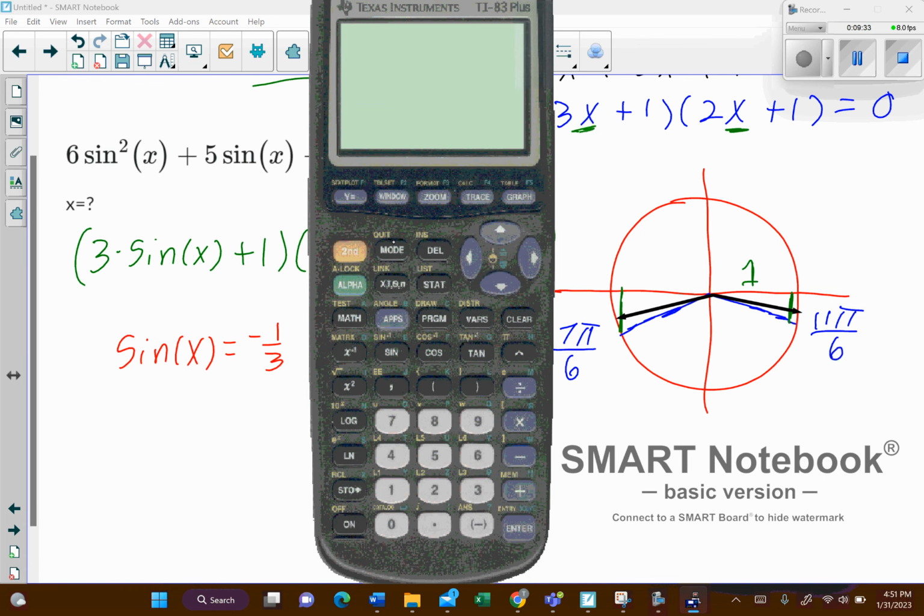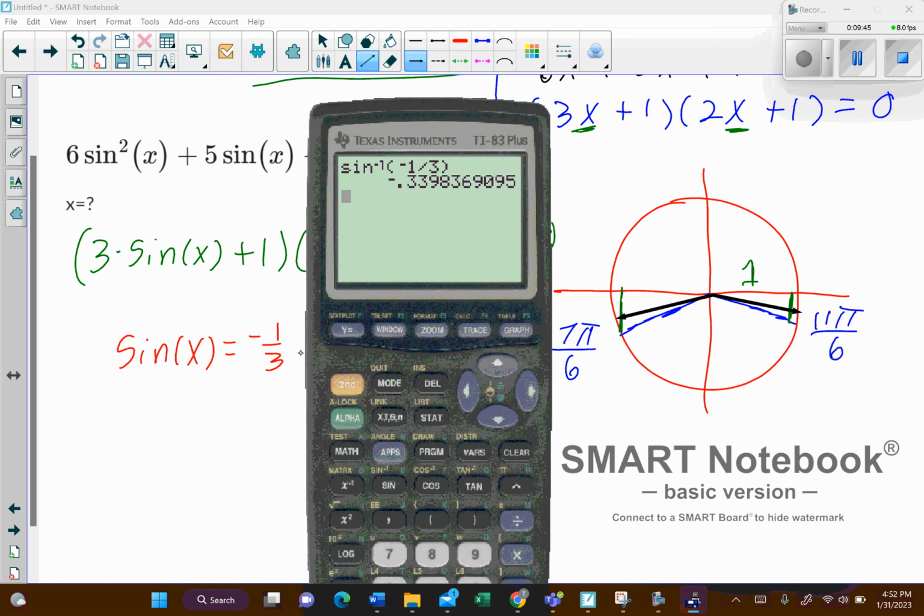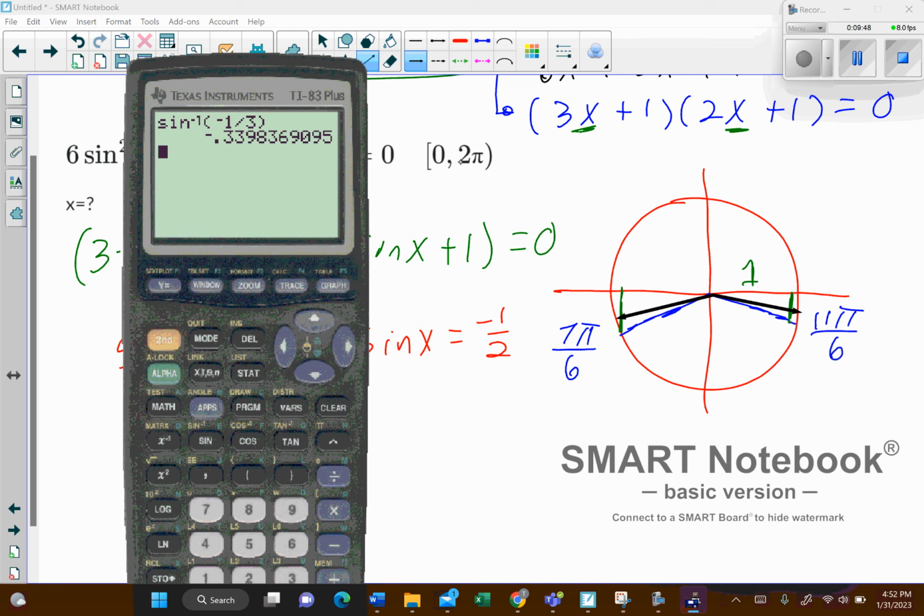And then what I have to do is take the inverse, so sine inverse of negative 1/3. And what's going to happen is I get an answer that's not within the domain of the original question. The domain is from 0 to 2 pi, which is about 6.28, right?